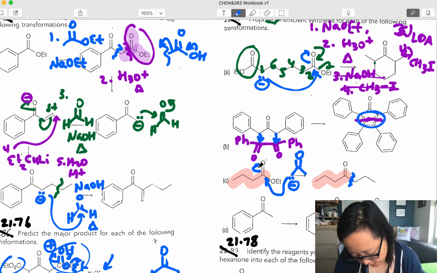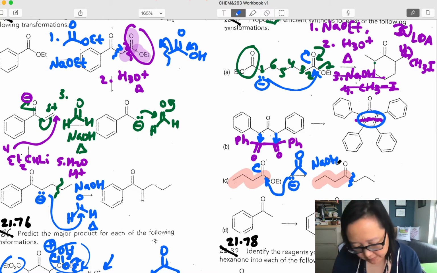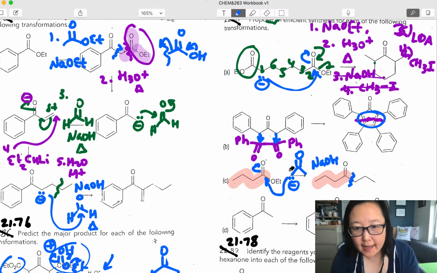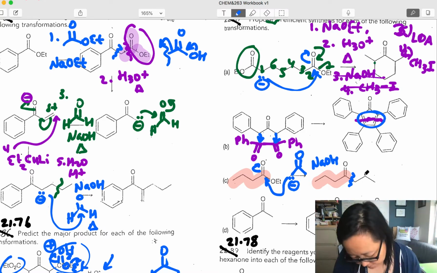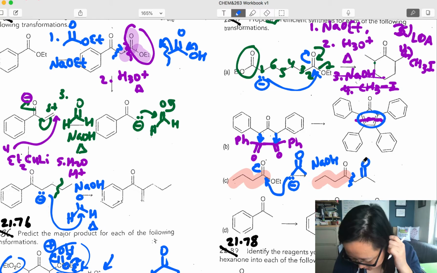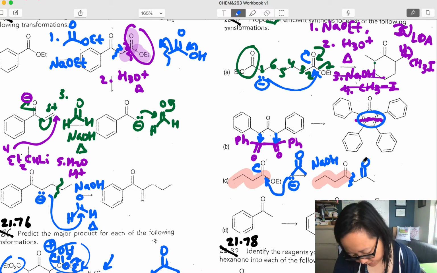So maybe I would add acetone and NaOH, and then have this sort of mixed Claisen, or aldol, I mean, mixed aldol. So this would come in, and, oh, actually this would be Claisen, this is leaving. And then I would end up with maybe something like this. But the problem with that is I have 2 carbonyls, and it's hard to get rid of one of them. So that's not going to work.